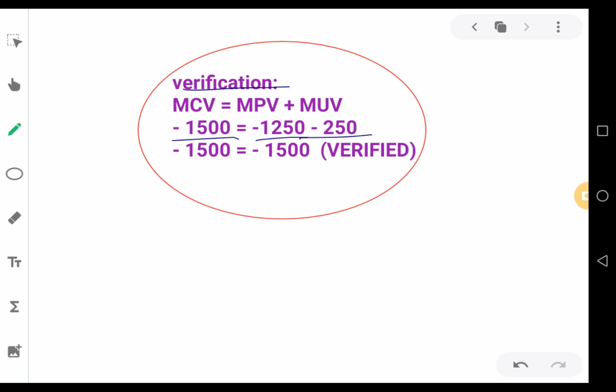So plus into minus, that will also become minus. Therefore minus 1500 is equal to, if you add both the negative figures this side, minus 1250 minus 250, that will be minus 1500. So on both the sides you are getting minus 1500, means LHS is equal to RHS, that is left hand side is equal to right hand side, that means the equation is verified.